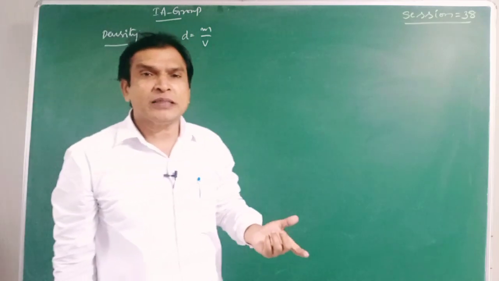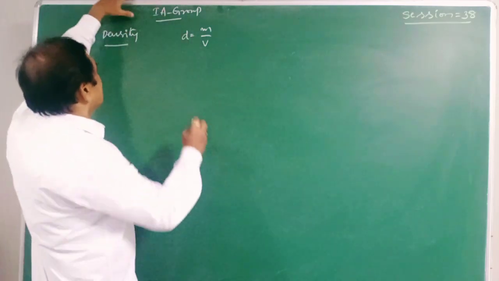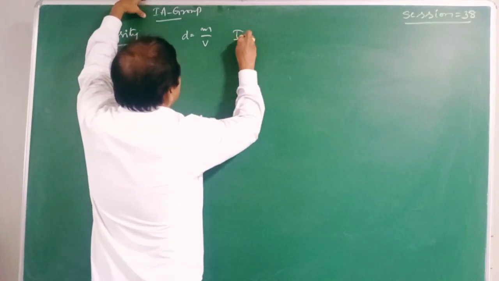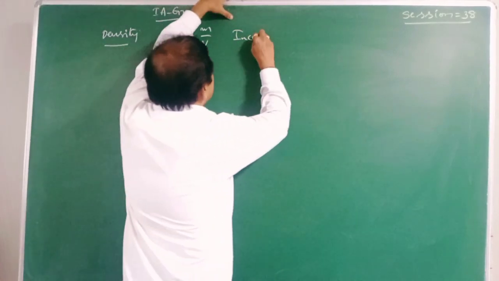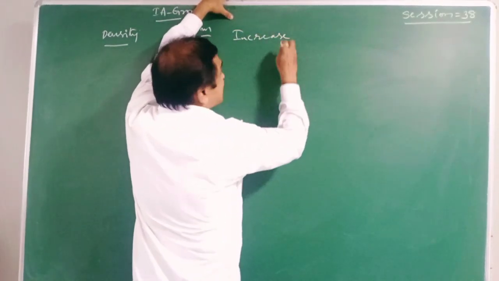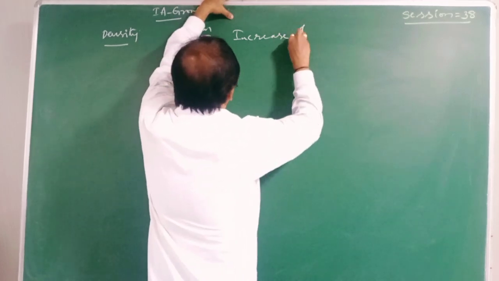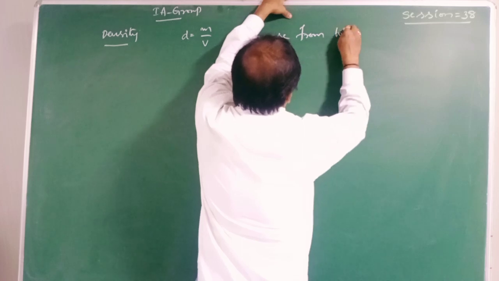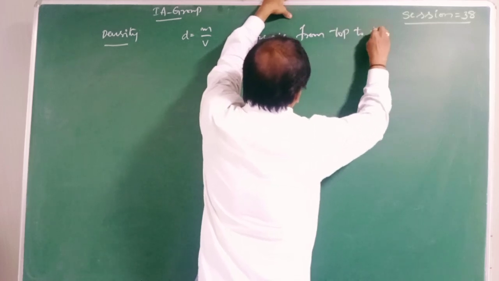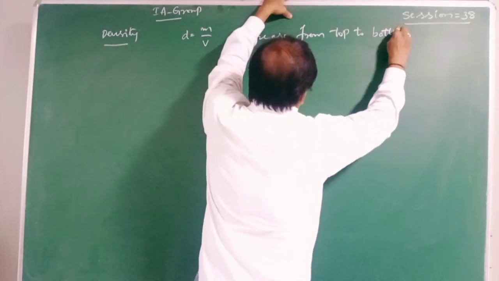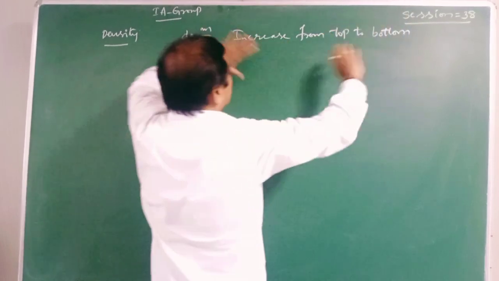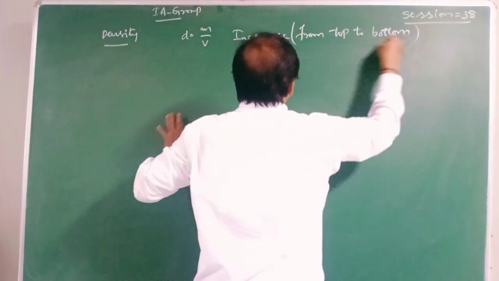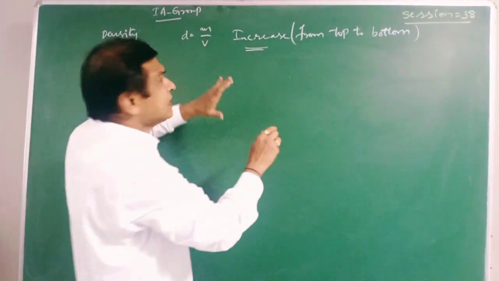So from top to bottom, density increases. That is a common concept. Density increases from top to bottom in the group. That is a general concept.